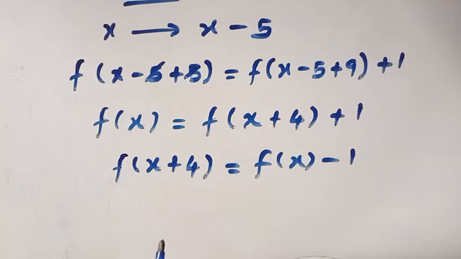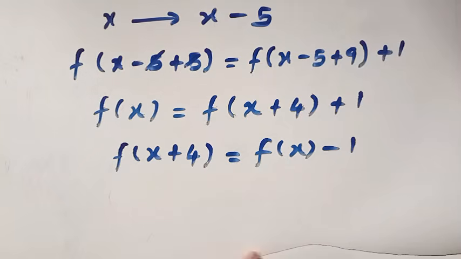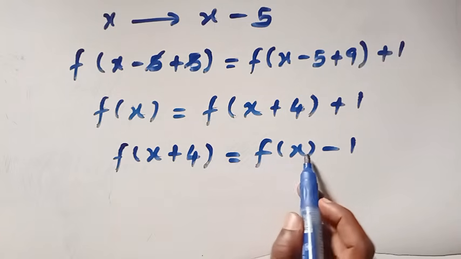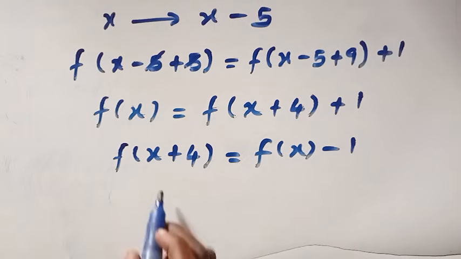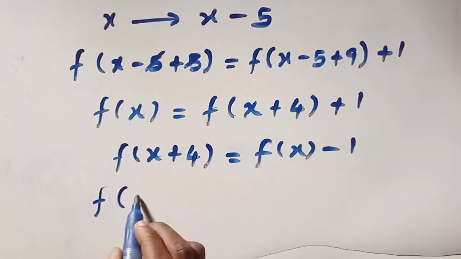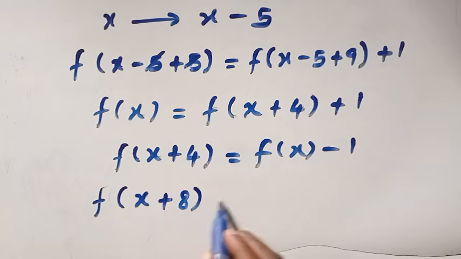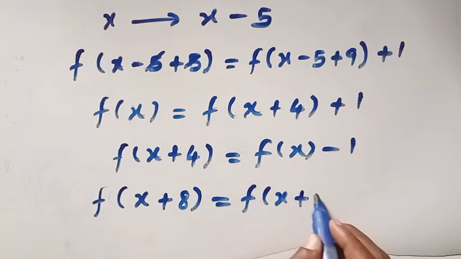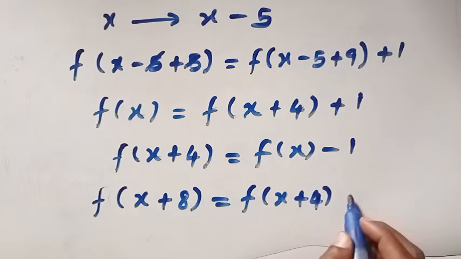Let's consider some relations here. Let's try to look for some patterns. So we are going to be applying this repeatedly. What we have is f of x plus 4 equals f of x minus 1. If I increase this to f of x plus 8, that is, I'm changing every x to x plus 4, this side becomes f of x plus 4 then minus 1.